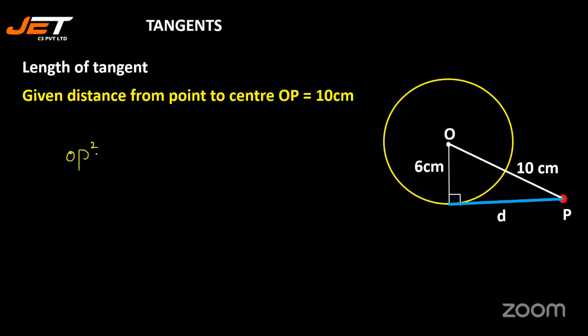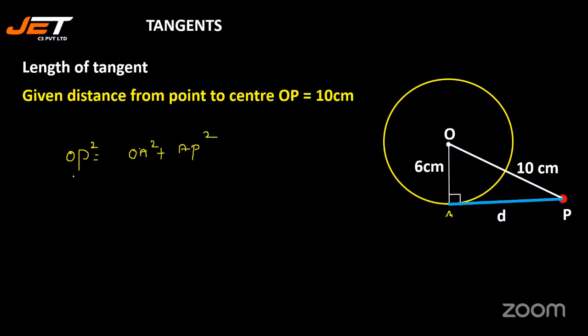OP square is equal to, let's take this as A, OA square plus AP square.